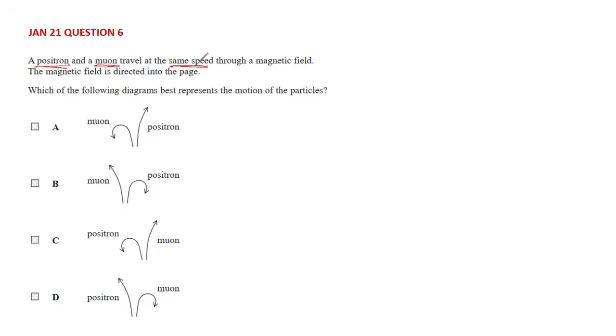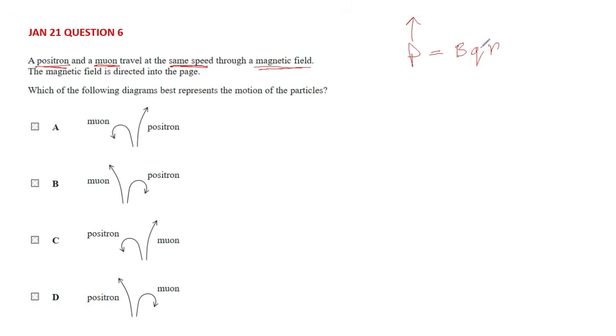Even though it has the same speed, since its mass is greater, it has a greater momentum. And momentum of a charged particle in a magnetic field is related by the equation P equals BQR.